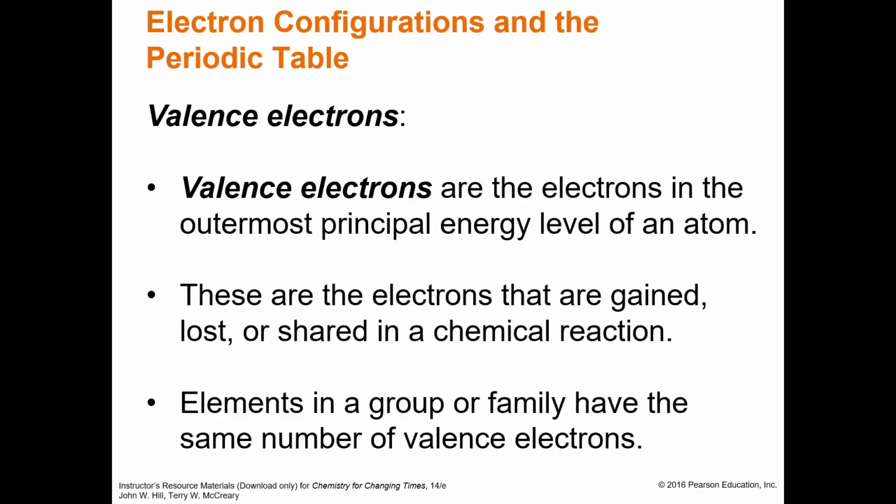Okay, so valence electrons. This is going to tie in later once we have gotten into the electron configurations, okay? So valence electrons are going to be the electrons that are on the outermost principal energy level of an atom. So these electrons are going to be the ones that you gain or lose. Much like you don't interact with stuff using the insides of your body, you interact using your skin, right?